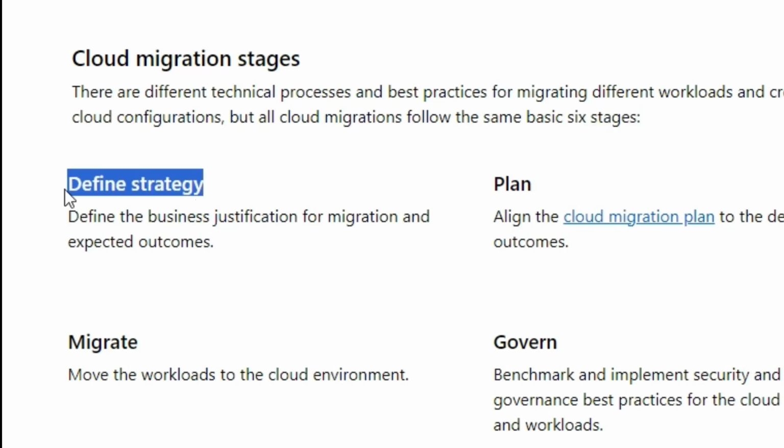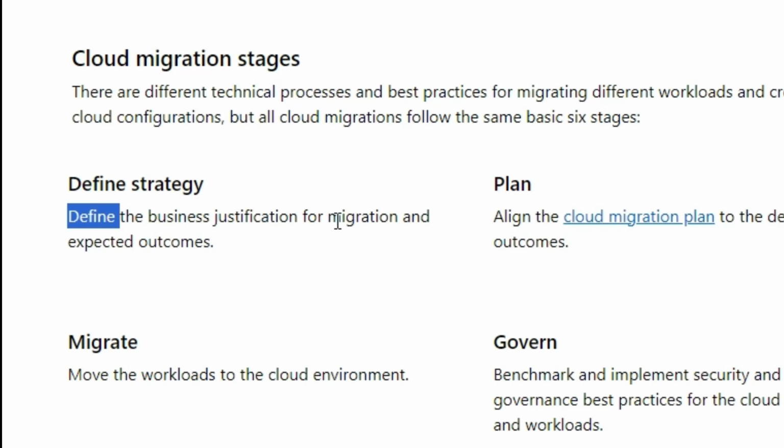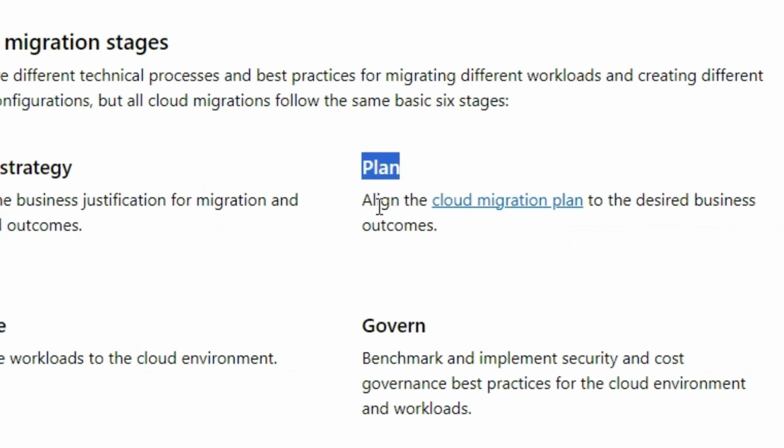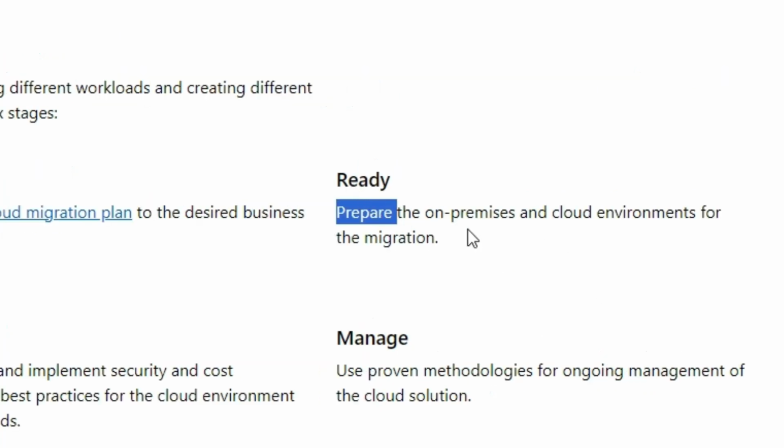First is define strategy. So define the business justification for migration and expected outcomes. Plan is to align the cloud migration plan. So we need to plan the migration to the desired business outcome. Ready. What is ready? Prepare the on premises and cloud environments for migration.